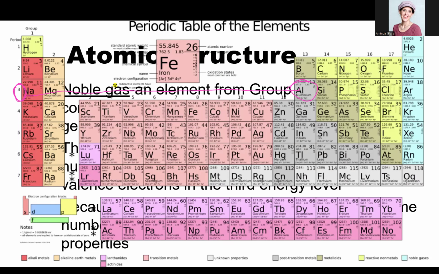Everything in row 2, or period 2, has 2 energy levels. Sodium, magnesium, aluminum, silicon, phosphorus, sulfur, chlorine, and argon all have 3 energy levels. Everything in row 4, period 4, have 4 energy levels, and so on.